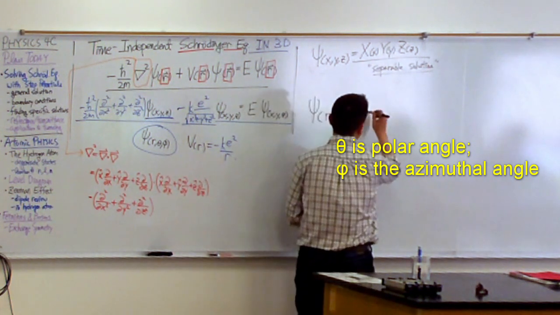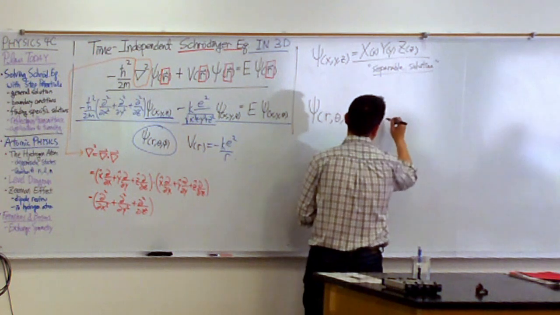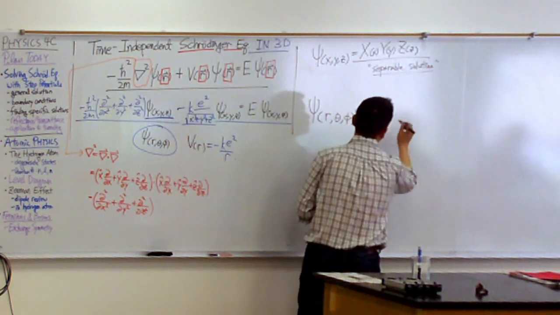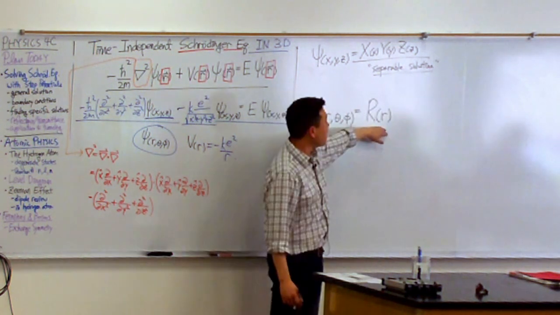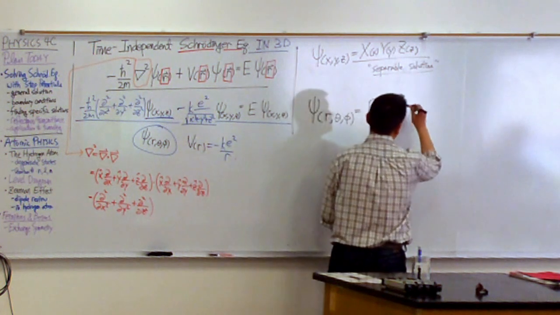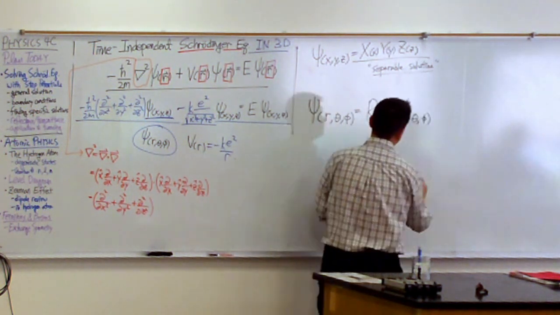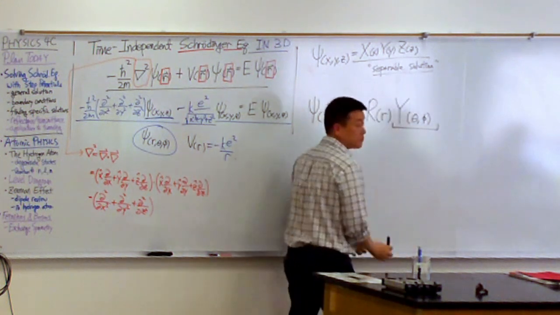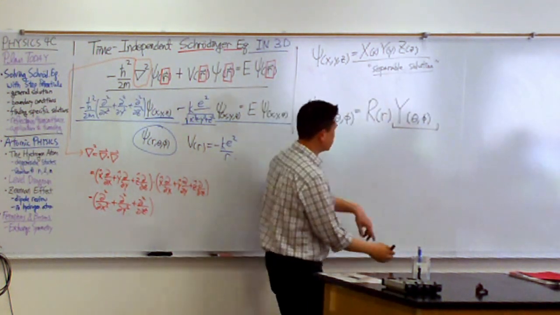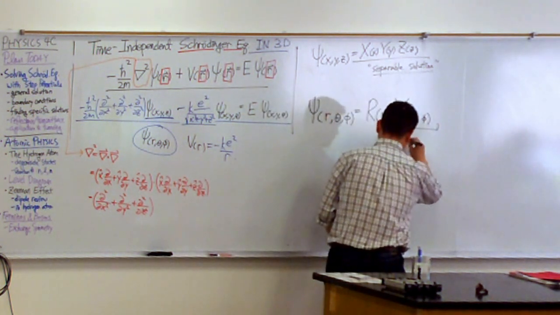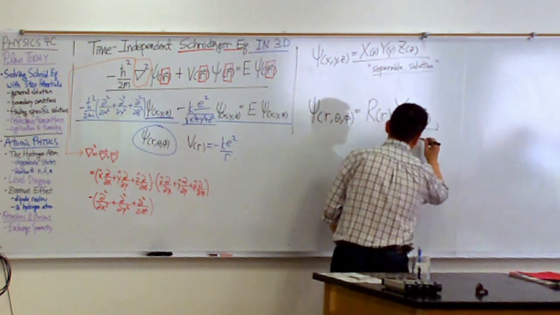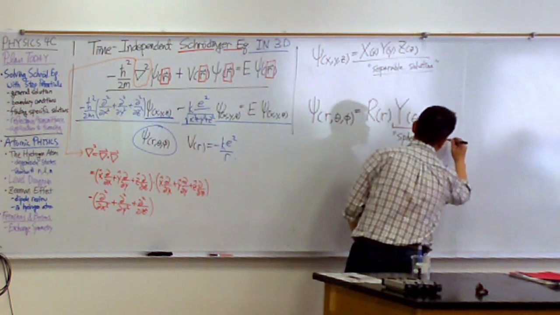You can separate into the radial function, which is a function of radius alone, and you can separate it into an angular function that's a function of theta and phi. And this actually has a special name. Let me just give you the name so that you can look it up. This is called spherical harmonics.